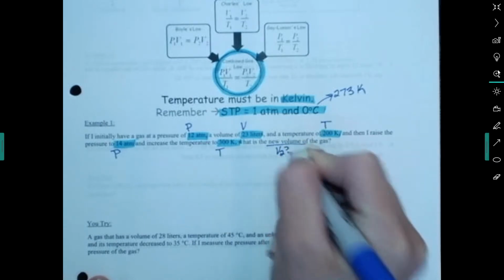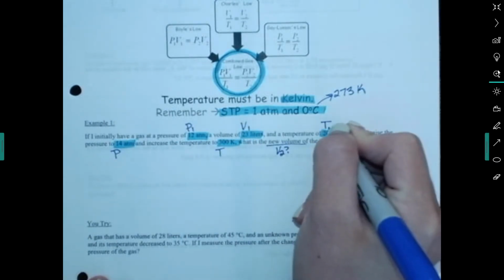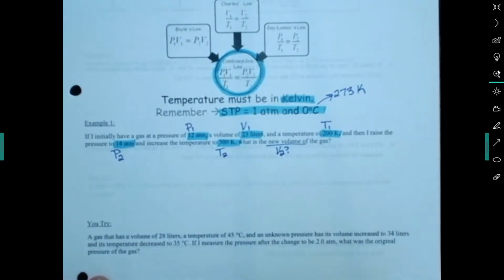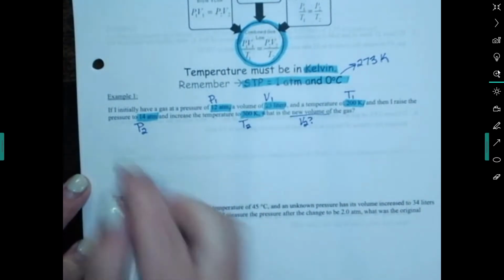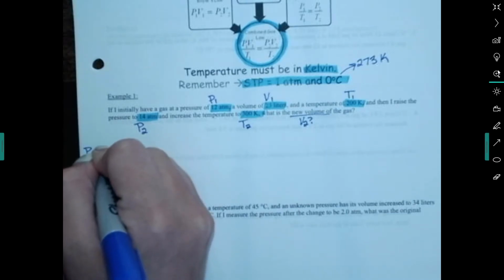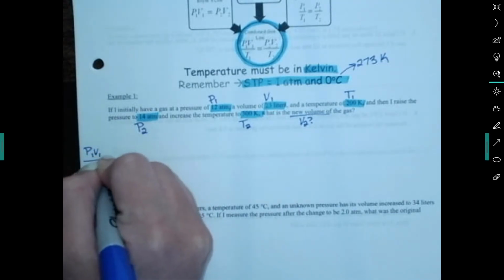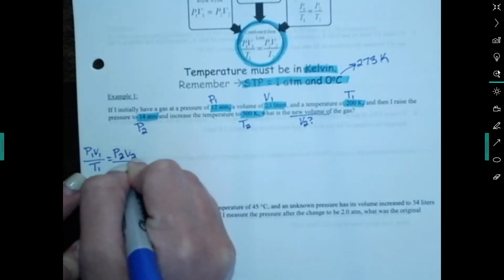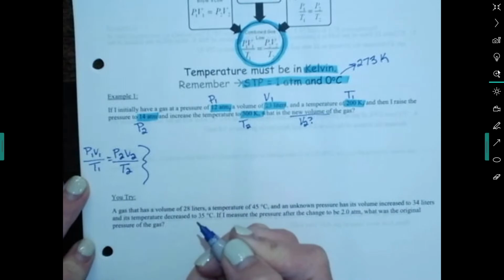So this would be P1, V1, T1. This would be P2, T2, and then we're solving for V2. So let me write out the equation, because remember these equations you have to have memorized for comps, so the more you write it out, the more it will be stuck in your brain. So let's plug in everything we know.